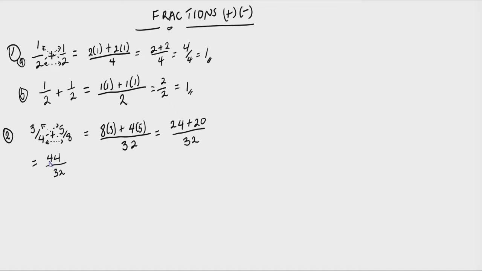So let's divide by 2's. 2 here is 22. 2 here is 1, 1 left, and 12 is 6. 2 here again is 11. 2 here is 8. So the answer is 11 divided by 8.